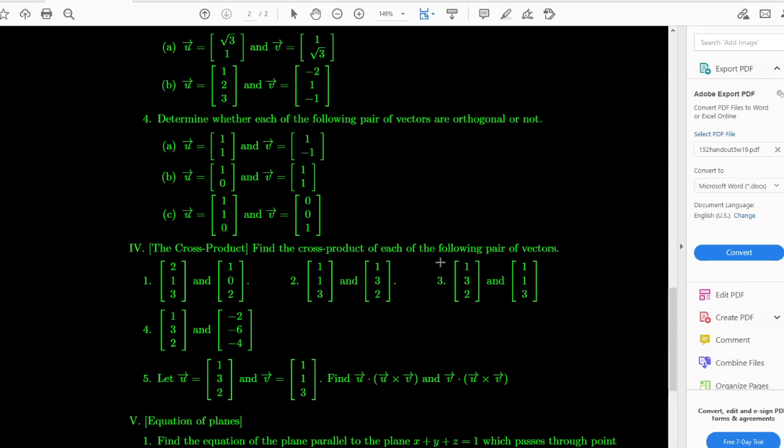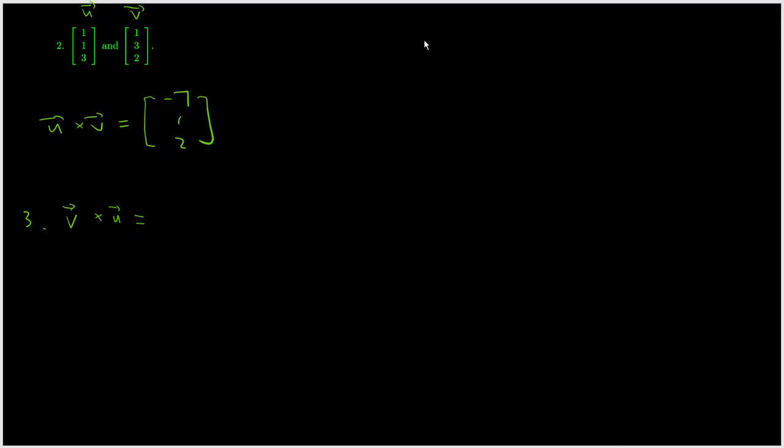Sorry. For question 3, I was talking about that question 3. If I use u to denote the vector 1, 1, 3, and I use v to denote the vector 1, 1, 3, 2.